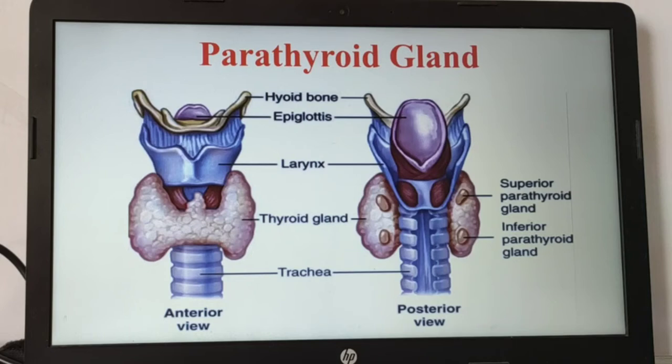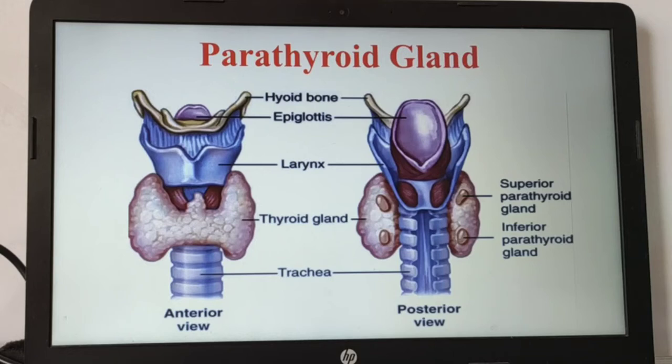As with other glands, there are some disorders related to every hormone. The same is true here: in the parathyroid gland there are disorders related to this hormone.